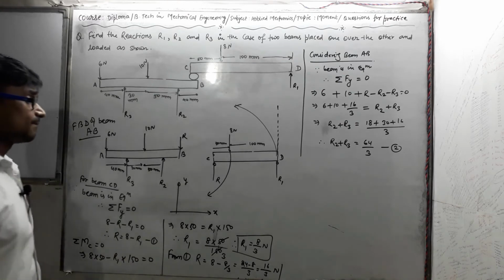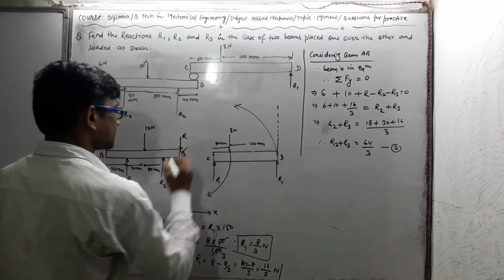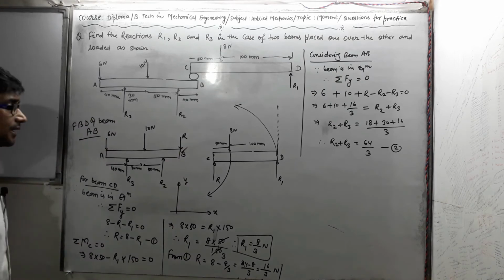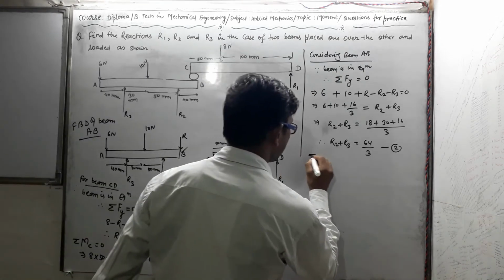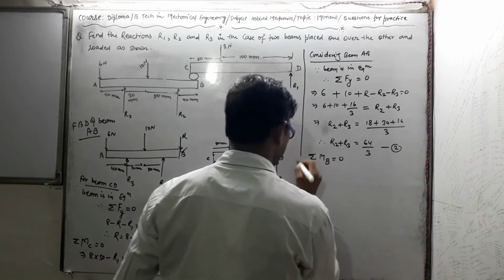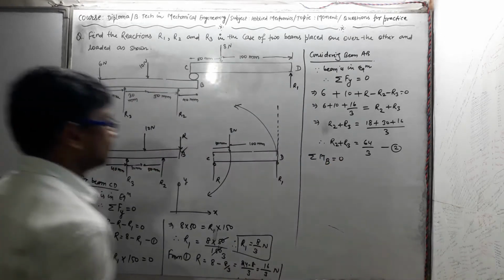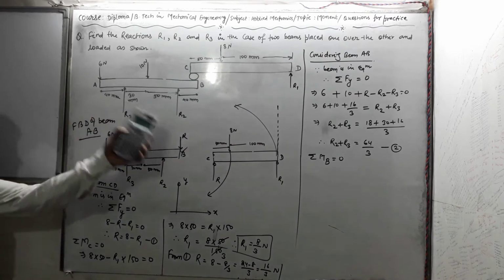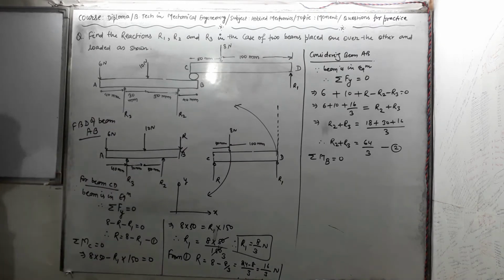Now again I am taking point B as a moment center for this beam AB. The summation of all moments about this point B is equal to 0. There is no rotational tendency for the beam AB, either clockwise or anti-clockwise, which means the rotational tendency is balanced.